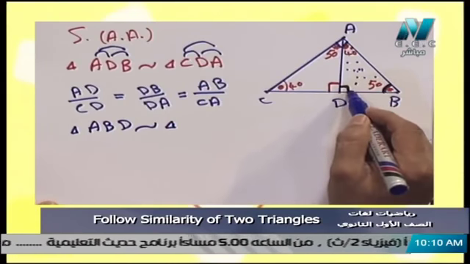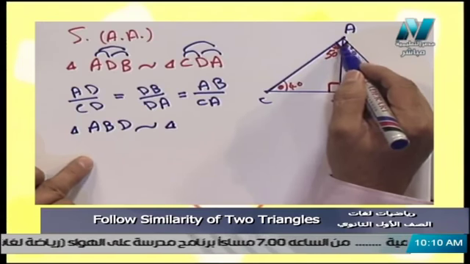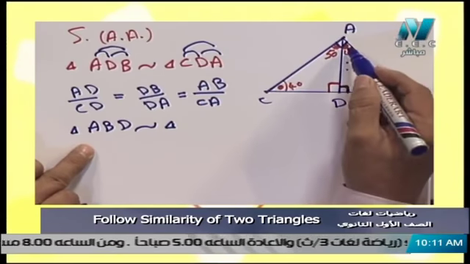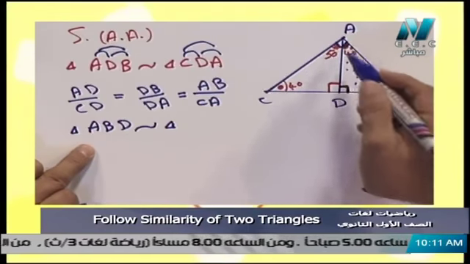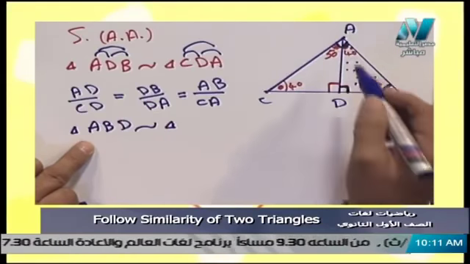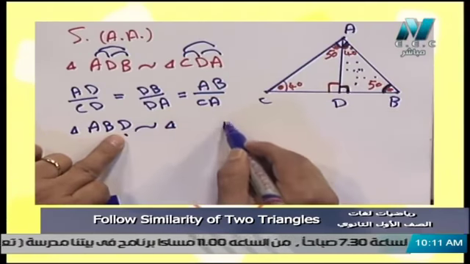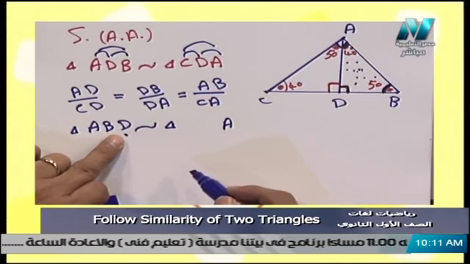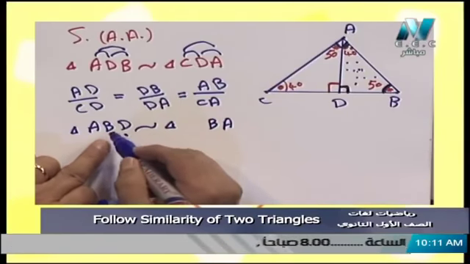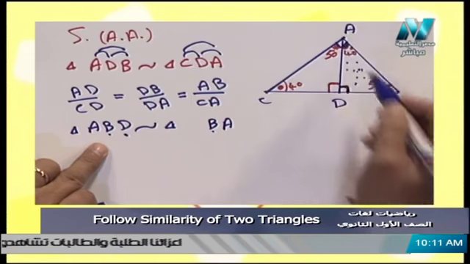D is a right angle here, corresponding to A, the right angle in the big triangle. Measure angle DAB is 40 and measure angle ADB is 90, so D corresponds to A in the big triangle. And we know that B is a common angle, so we put B corresponding to B.